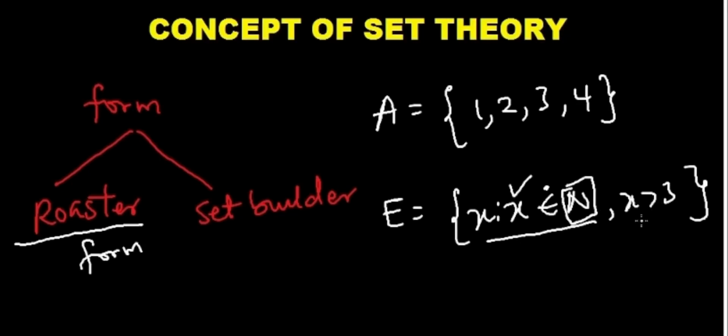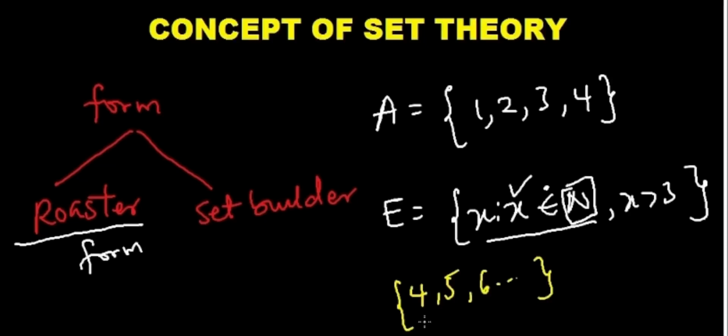That means whatever elements we have in this set are greater than 3. So my elements will be 4, 5, 6, and so on to infinity.